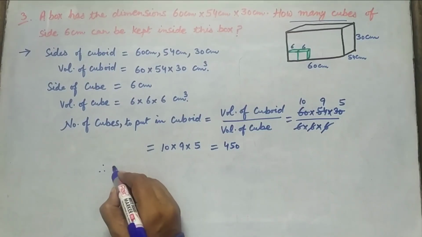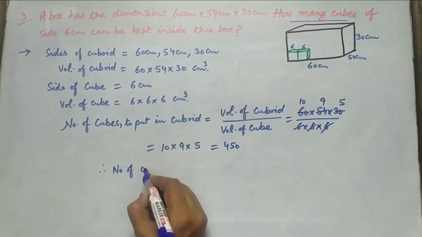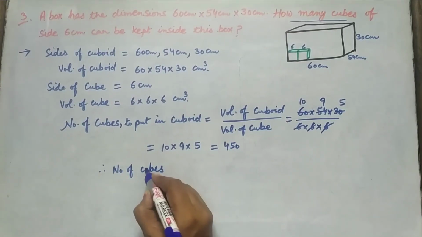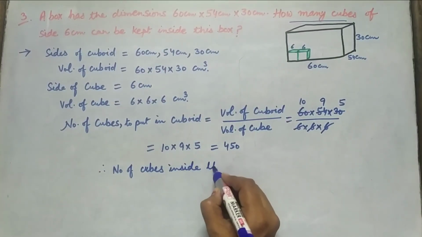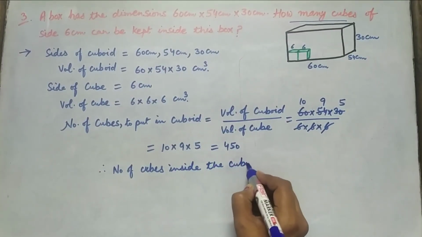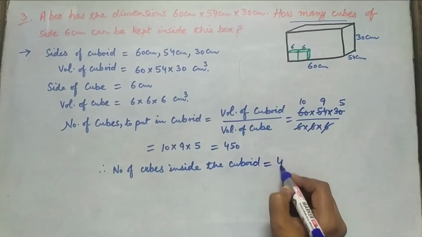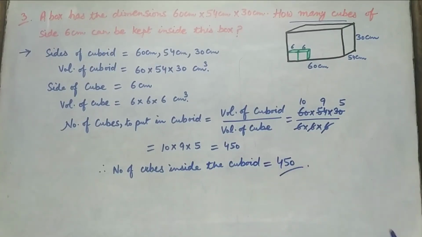We write the number of cubes inside the cuboid will be 450.